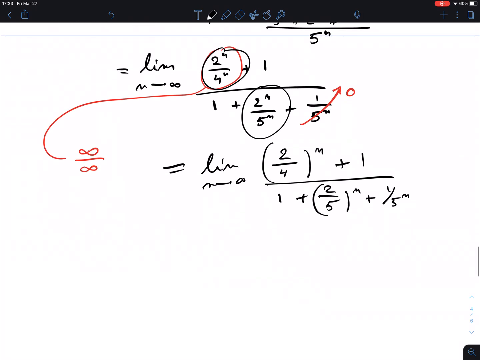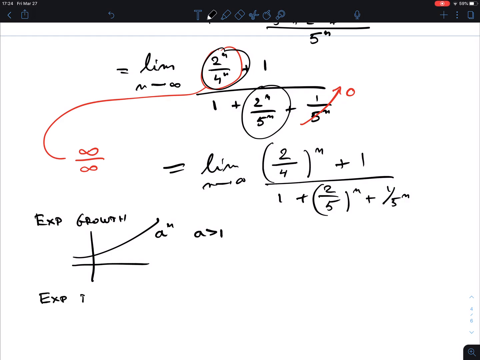And so what happens now? 2 over 4 is of course a half. But we have to think about two things. We have exponential growth: these are exponential functions that look like a to the n, and if the base is bigger than 1, that's exponential growth. What is exponential decay?